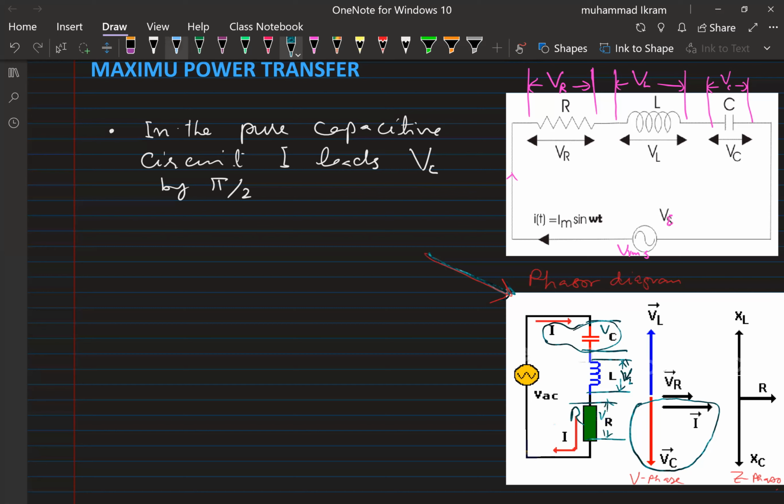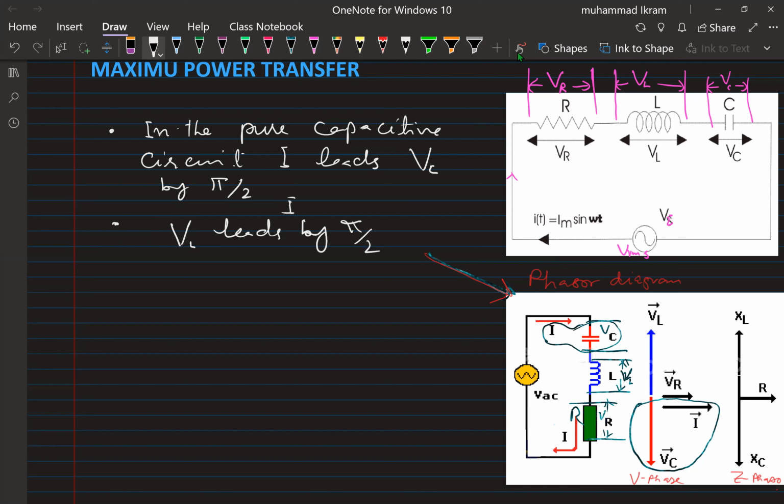Now for the second part, if you compare the RL series circuit: in the pure inductive circuit, the voltage across the inductor leads the current by pi by 2.